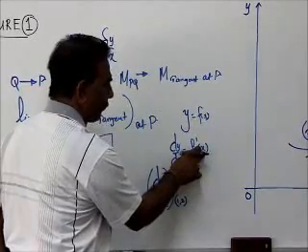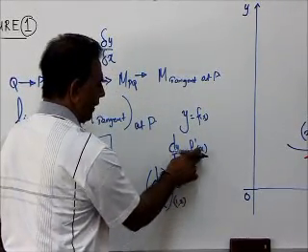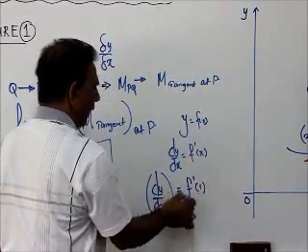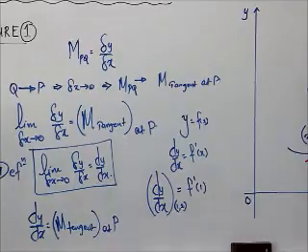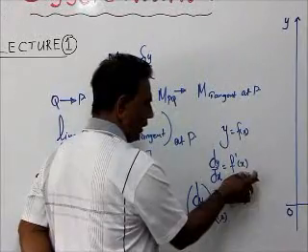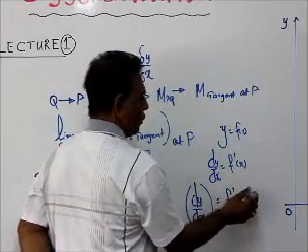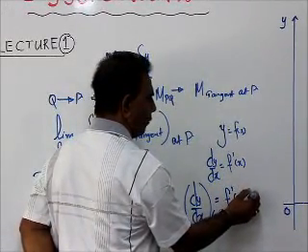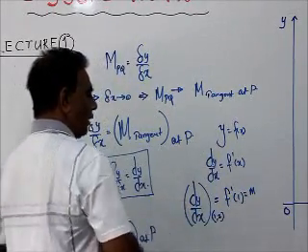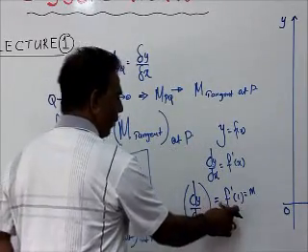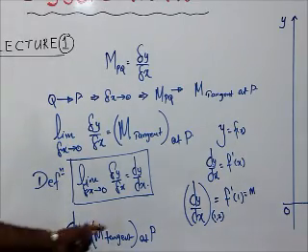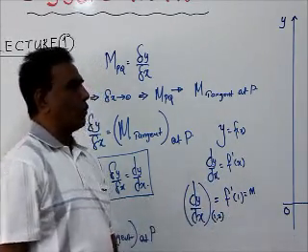This is only in terms of x, so you substitute this coordinate here, then f dash 1. If you need the gradient of the curve at this point, then f dash 1. So f dash x is one function. If you put 1 in place of x, you will get one particular number. That number means the gradient at this point. You draw the tangent at this point 1 comma 2; the gradient of the tangent is f dash x at x is equal to 1.